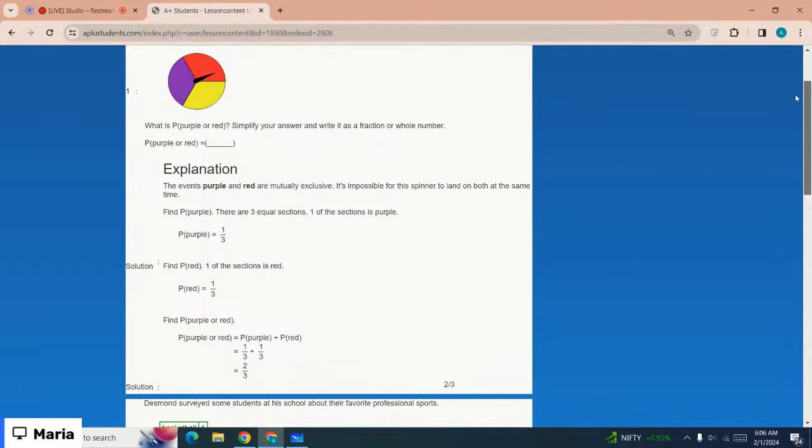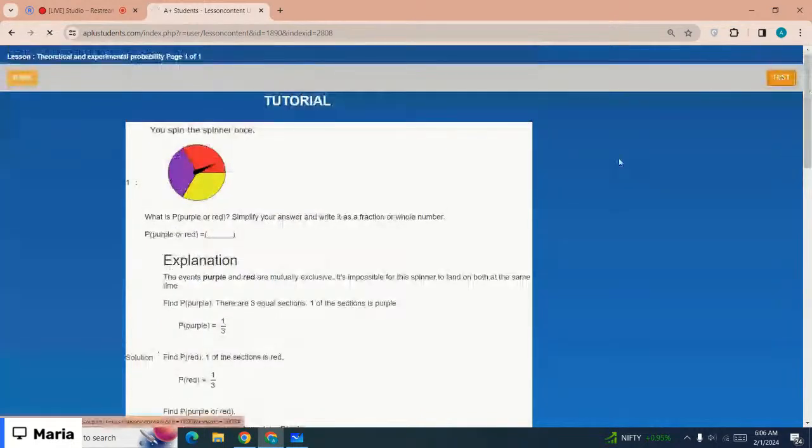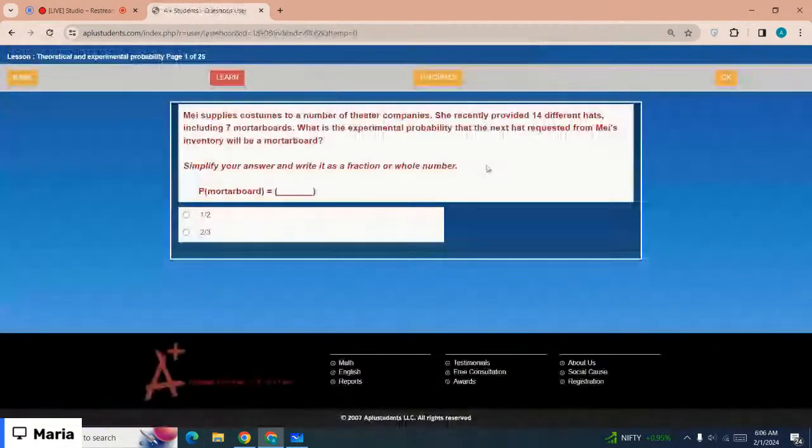Let's just start with the test questions. Okay, May supplies costumes to a number of theatre companies. Recently provided 14 different hats, including 7 mortarboards.